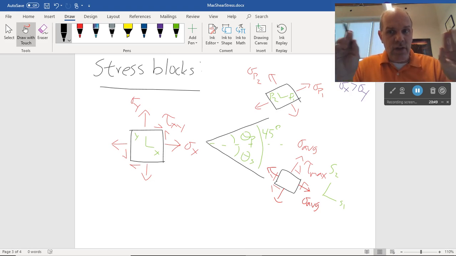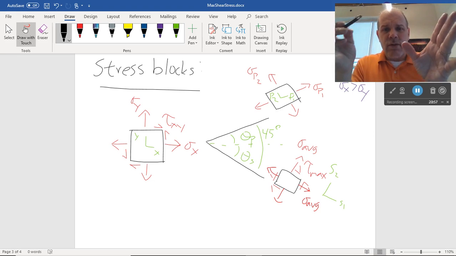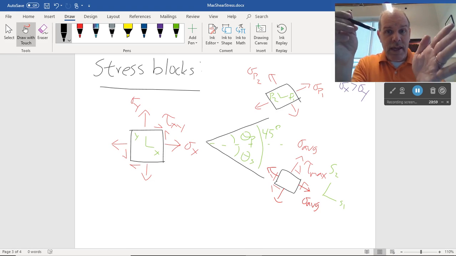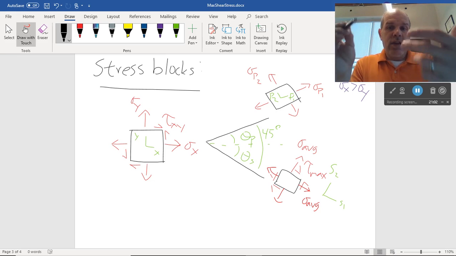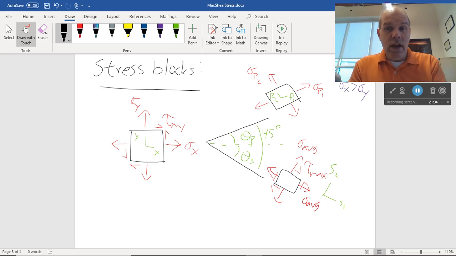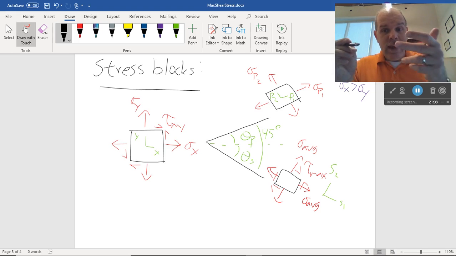But that's just the other case, no big deal. And then I rotate 45 degrees, either in the same direction, or it's easier to draw if I rotate the other direction. If I rotate 45 degrees from theta p, I get theta s pointing the other direction, pointing downward in this case, where tau max exists.